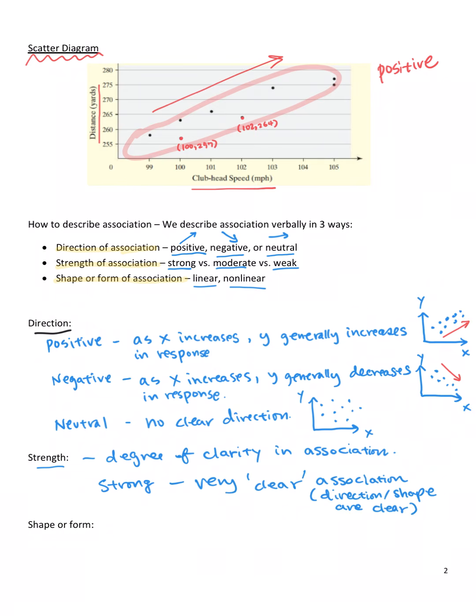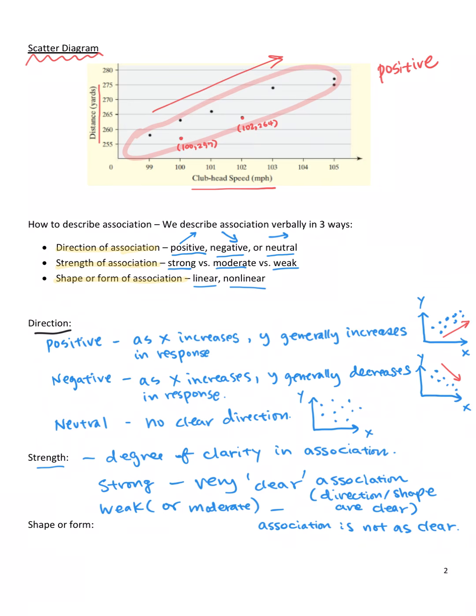Versus a weak or moderate association, which means that the direction and the shape of the association are not as clear.